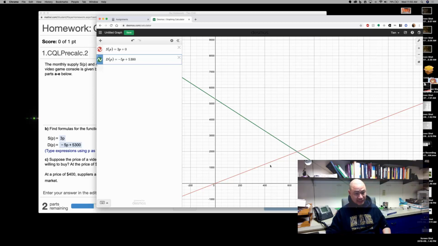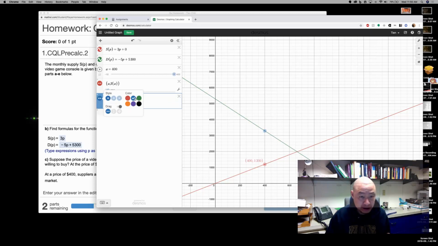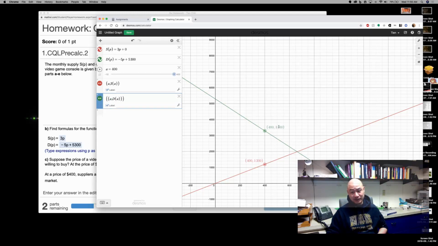If, like for example in part C, I want to know how much is supplied and how much is demanded when the price is $400, what I'm really caring about is what's my supply at that point, and what's my demand at that point? I'm going to change this to be green just to match the color. And so we can see here at $400, 3,300 units are demanded, 1,200 is supplied.